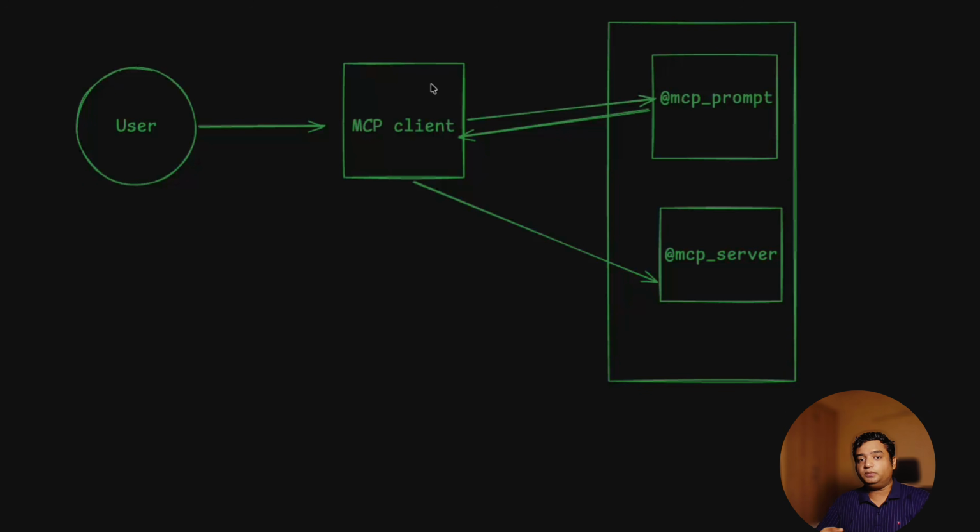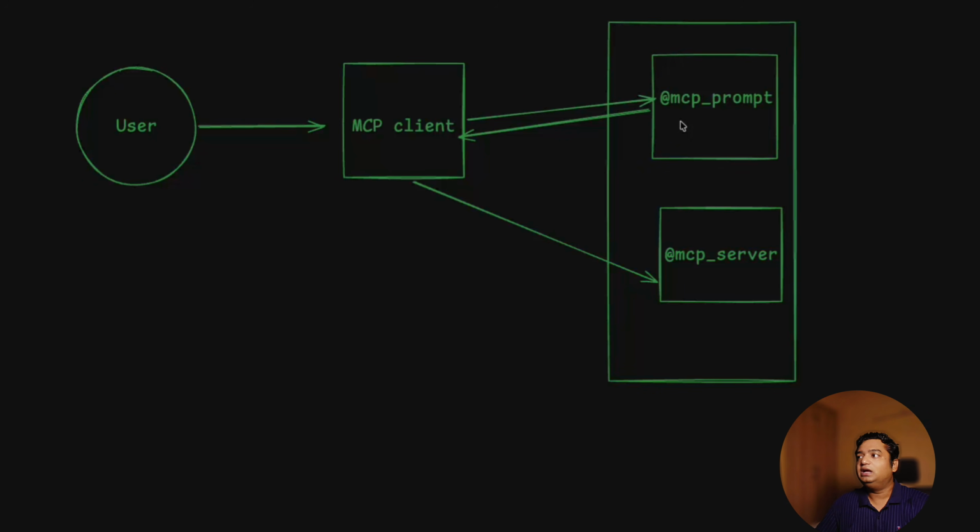To refine that prompt, you can define a predefined structure for the prompt in the MCP server itself. In the MCP server your tool gets executed, but the MCP prompt is not executed here. It's just a predefined template.